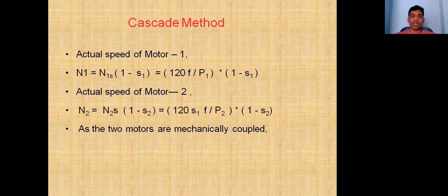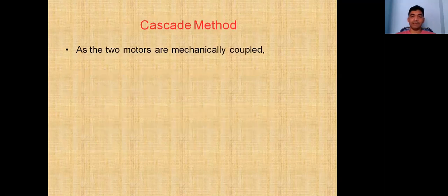As the two motors are mechanically coupled, the two speeds must be the same.